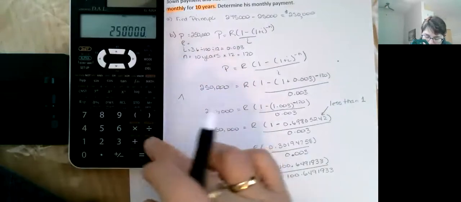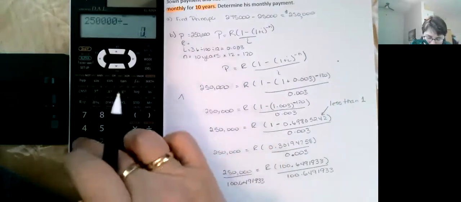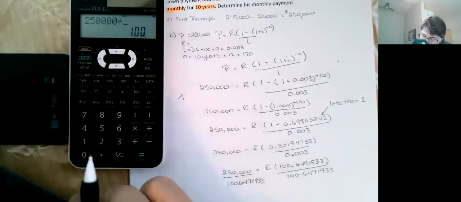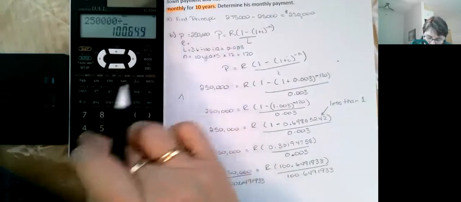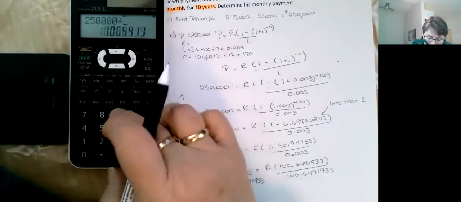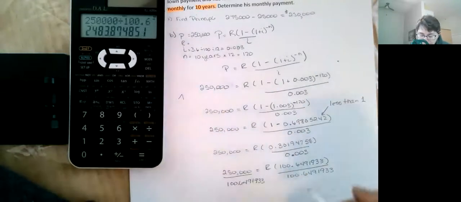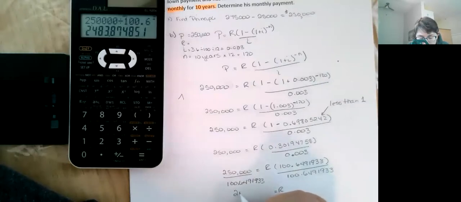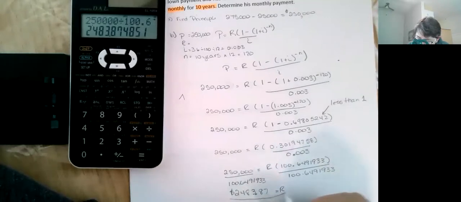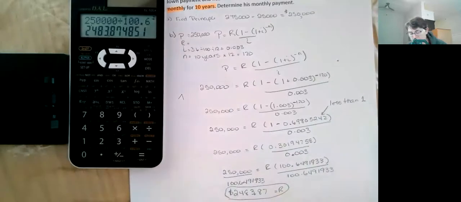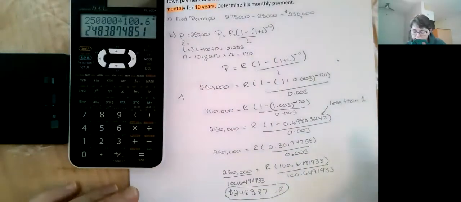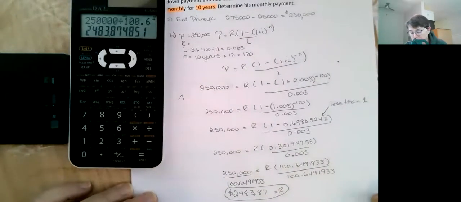Divide by 100.6491933. Boom. So R is equal to 2483.87. So according to this, his monthly payments are $2,483.87.